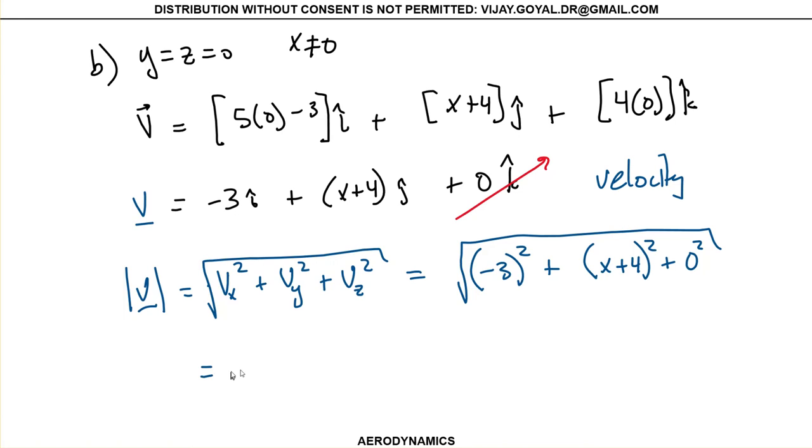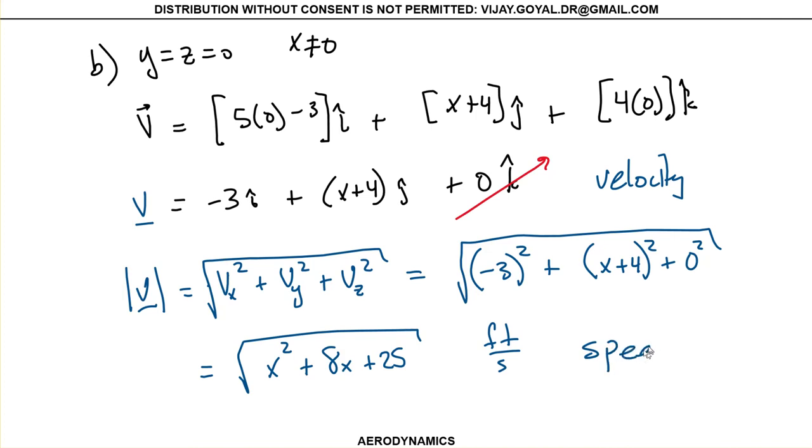And when you simplify the whole thing, you find the square root of x squared plus 8x plus 25, and this gives you feet per second. This is the speed. Okay. Speed is the magnitude, velocity is the vector.